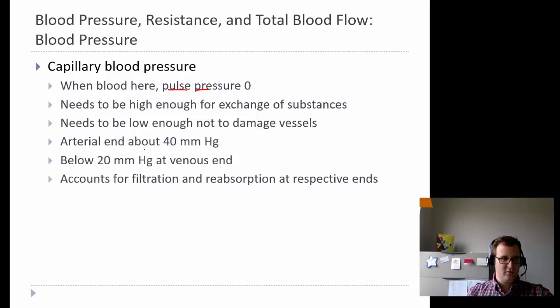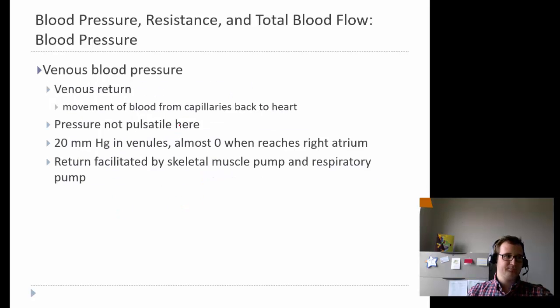You're going to allow it to go through just enough to have exchange. At our arterial end it's about 40, and at our venous end it's about 20, which results in the difference in hydrostatic pressure at our arteriolar end versus our venous end, which allows us to bring blood back into our bloodstream and deliver it the rest of the way.